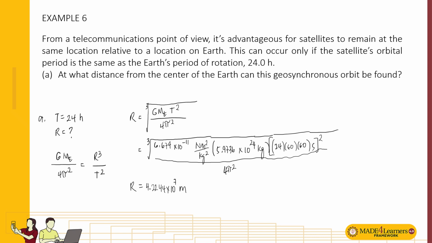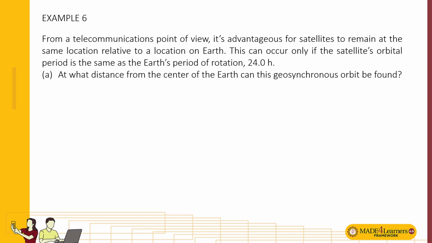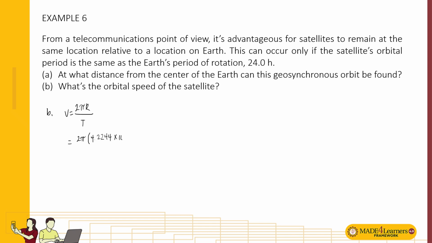For letter B, what is the orbital speed of the satellite? The orbital speed is 2 pi r over T. So it's 2 pi times the computed r from letter A, which is approximately 4.2244 times 10 to the power of 7 meters, and the orbital period is 24 hours.